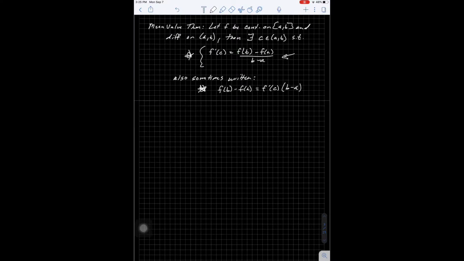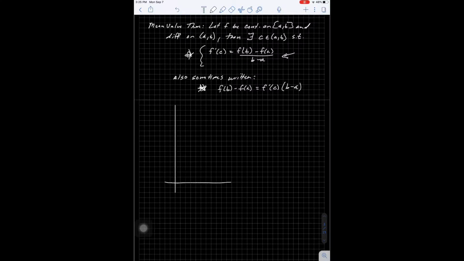All right, so let's take a look at a picture for this guy. Turns out Rolle's theorem is actually just a special case of the mean value theorem. If you noticed, the mean value theorem does not have as many qualifications as Rolle's. It says that f has to be continuous and it has to be differentiable on these intervals, but it doesn't say that the endpoints have to be equal.